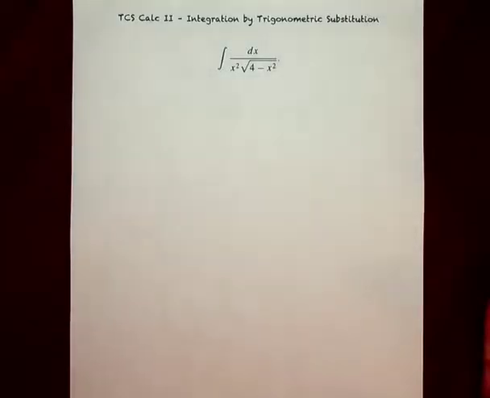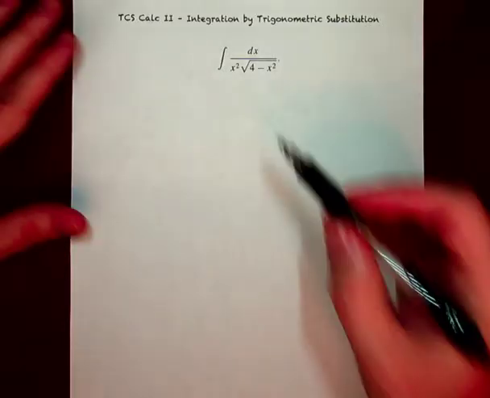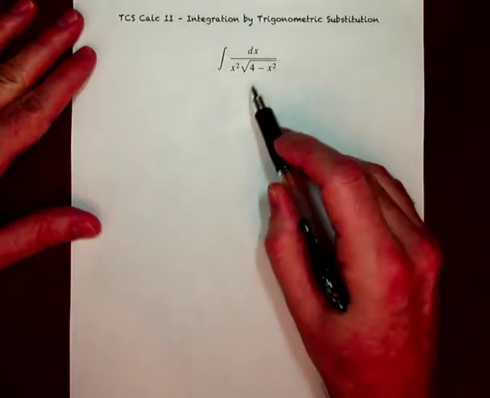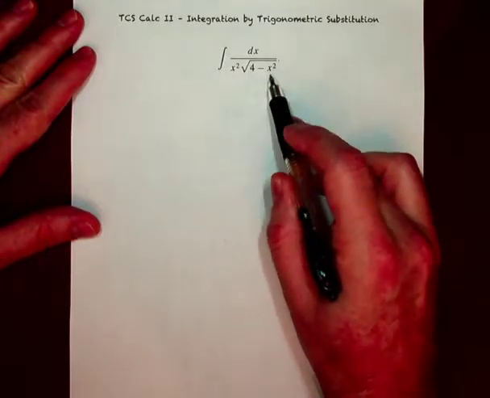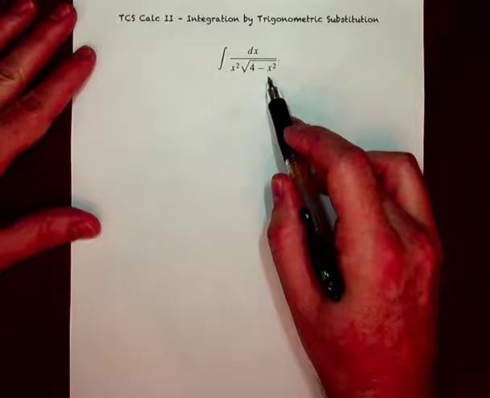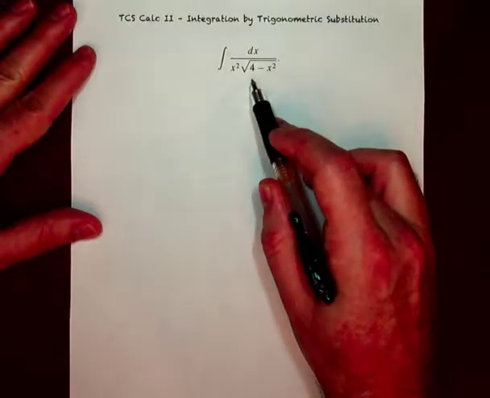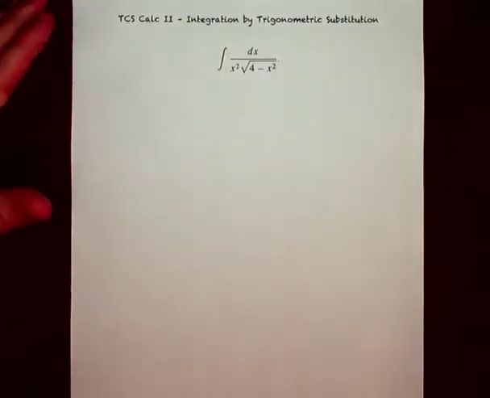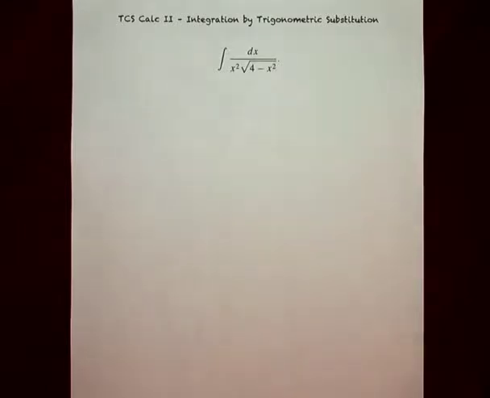When we're presented with something like this, we notice that the main problem with it not being integrable is the fact that we have a binomial in the radicand. Now, if this were trig, oh my gosh, it would be so simple.